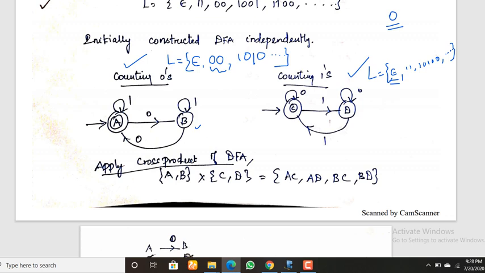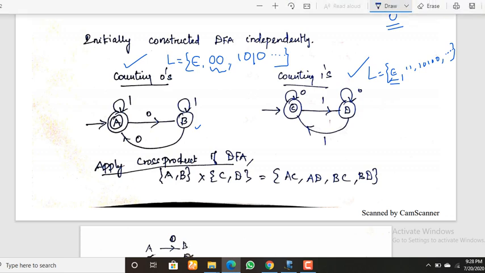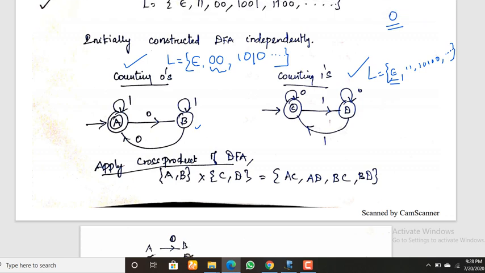What does cross product mean? I am going to combine these two DFAs and make a single DFA. Applying cross product, the states of the first automaton are A and B, and the states of the second are C and D. Don't repeat the state names; make every state a different name.